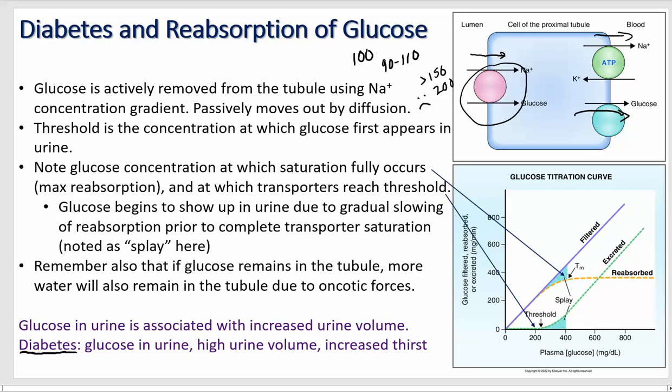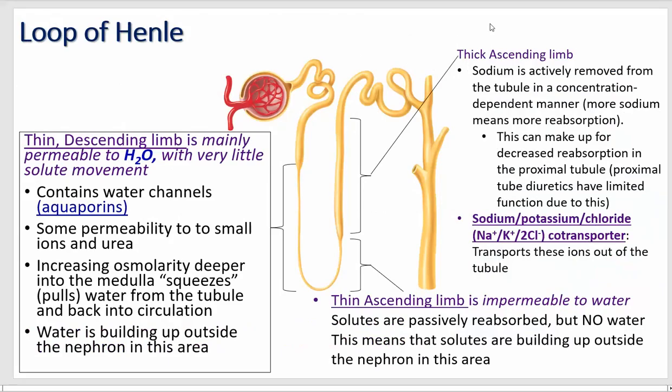And they have a fair amount of volume. It's not like they're just peeing a little bit. And then they're thirsty because they're losing a lot of water that way. And then you get checked, and your glucose level is 500 or 600 or higher, and then it's off to the endocrinologist.